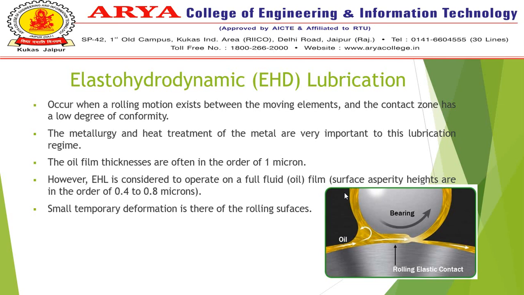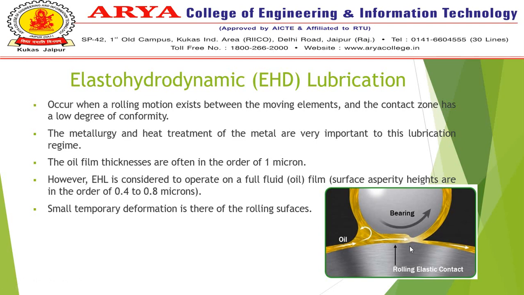In that case, you can see here is a deformation. Here is the deformation of both the materials. Both the materials means the two mating parts, first is the bearing and another is the shaft, maybe. So the roller of the bearing is rolling over the shaft surface, and that will create deformation to some extent, and that deformation is taken care of by the lubricating oil.